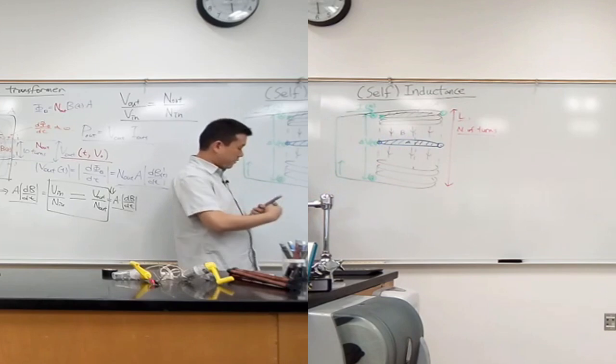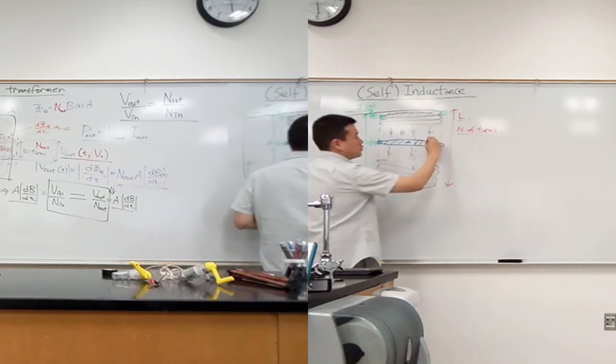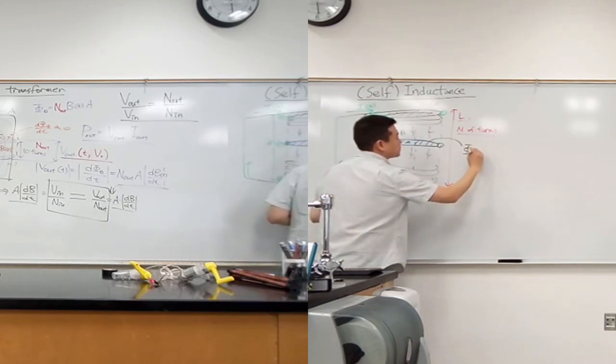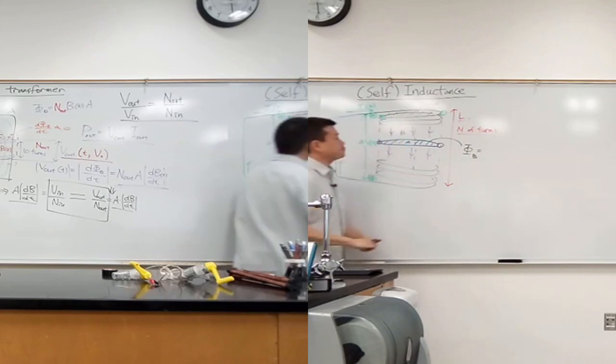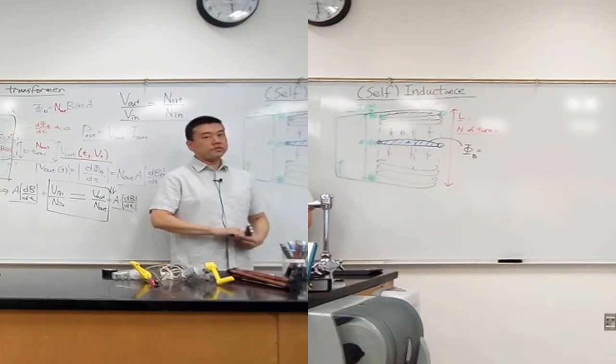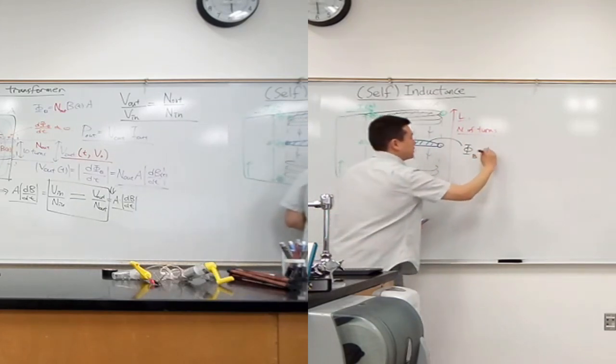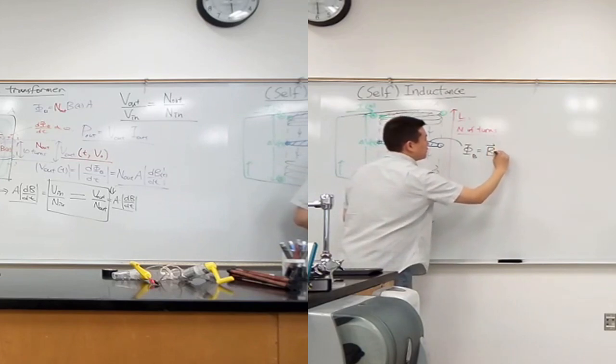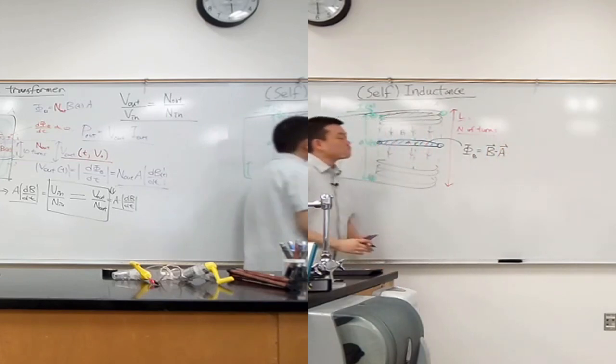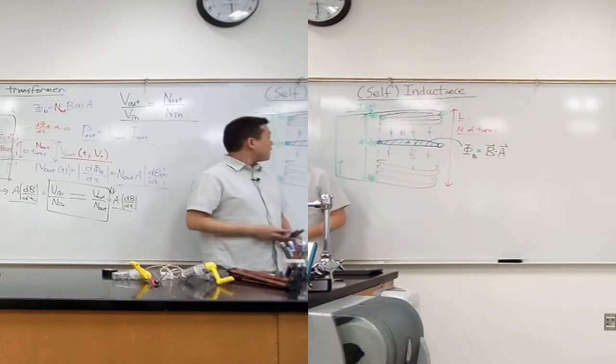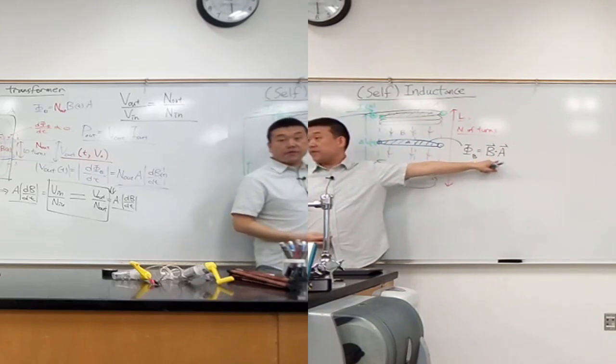So when you try to write down for this one loop, what is the magnetic flux? I will try to use the definition: B dot product with the area vector. Here's the question. Is this product positive or negative?